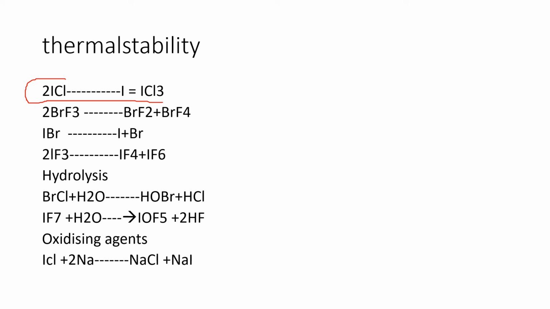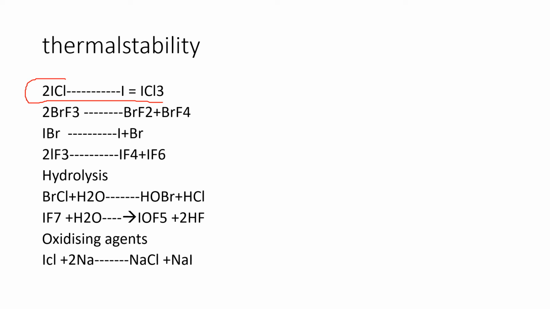When IF7 is dissolved in water, you get hydrogen fluoride and iodine oxypentafluoride. So hydrolysis of interhalogens gives hydroacids and oxyacids.